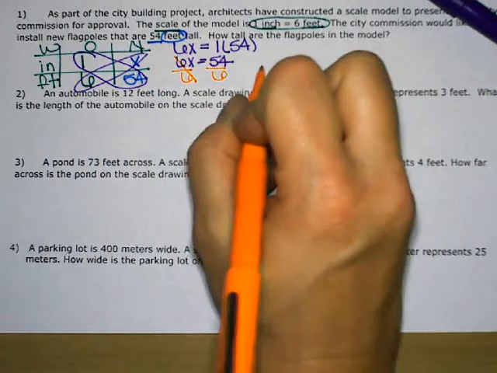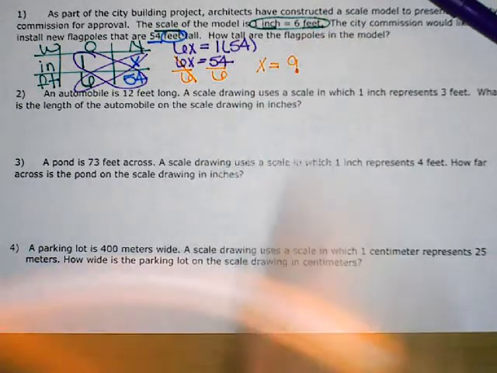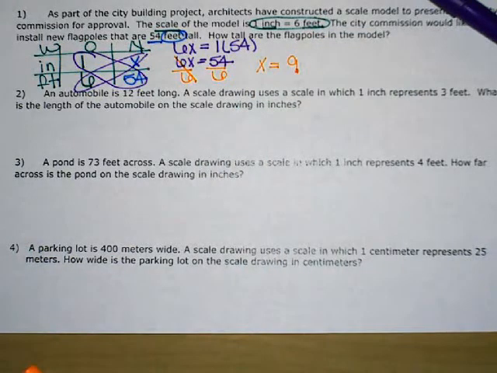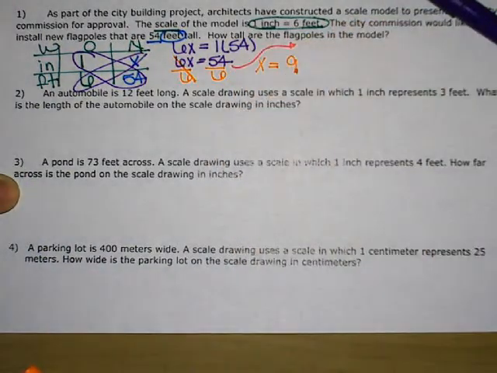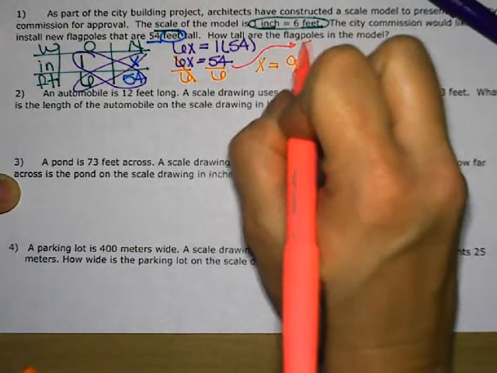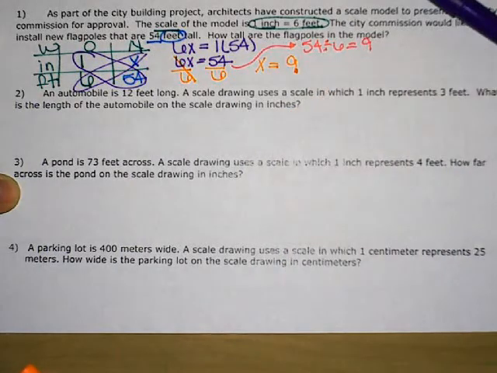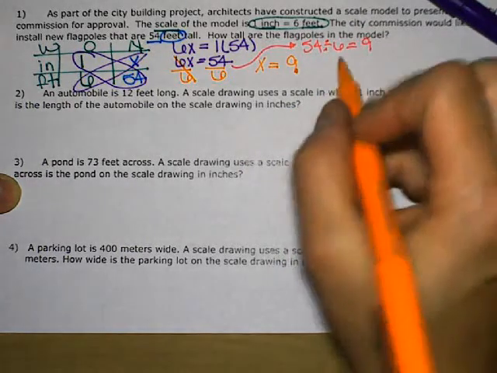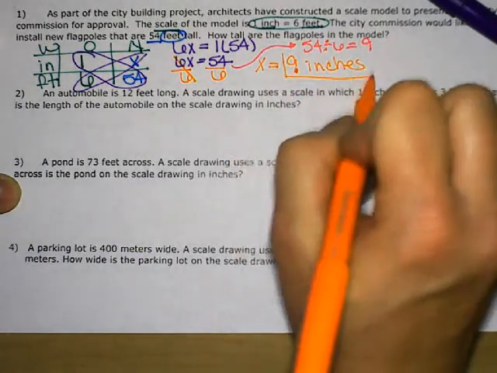When I do this, I know that x equals 9. I know that x equals 9 because the fraction 54 over 6 is also a division problem of 54 divided by 6 equals 9. Therefore, our flagpole is 9 inches tall in the model.